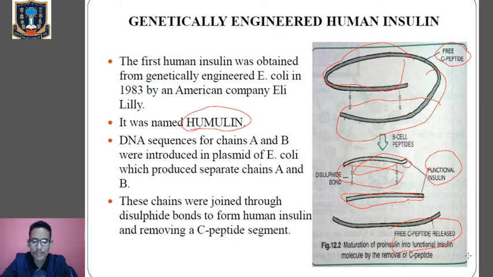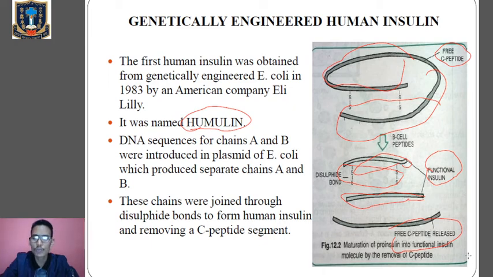So generally I have told you that within the body we have the polypeptide chain A and the polypeptide chain B. Along with that we have an extra stretch of chain which is called the C peptide within the body. So that C peptide needs to be removed during processing for the insulin to become fully functional.